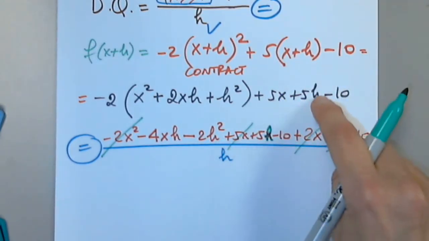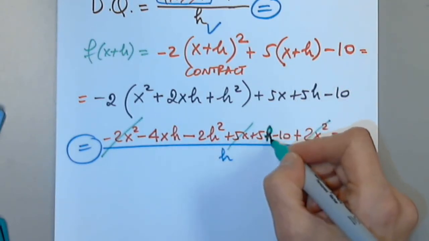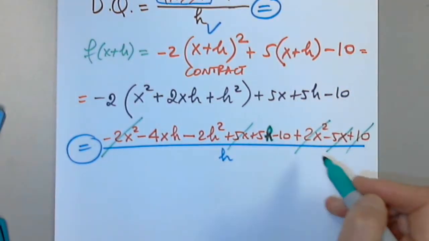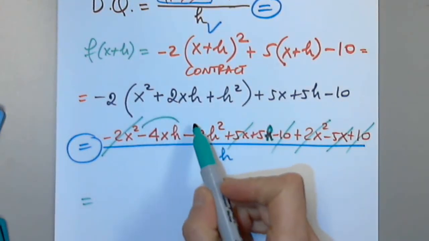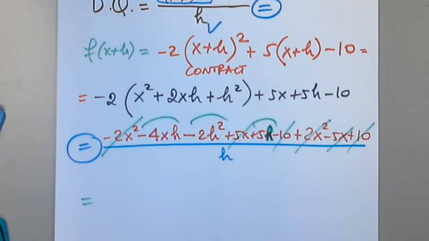So this is 5x and this is 5h. Please correct that. Sorry about that. And you're right, the 10 and the negative 10. Very good. How many terms are left at the top? Three terms. So here's 1, 2, 3. What do they have in common?